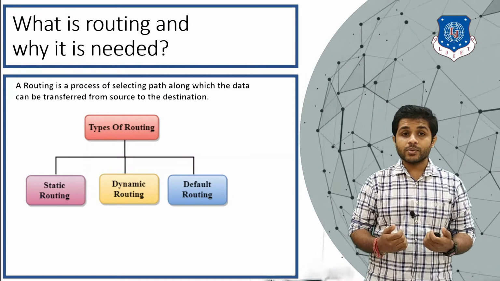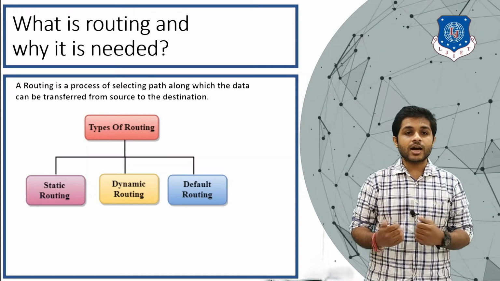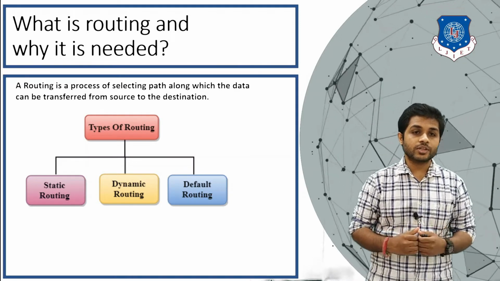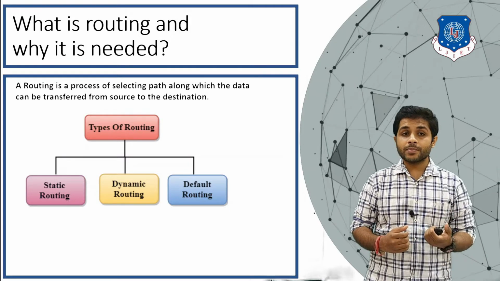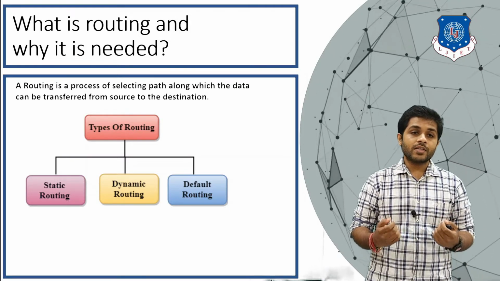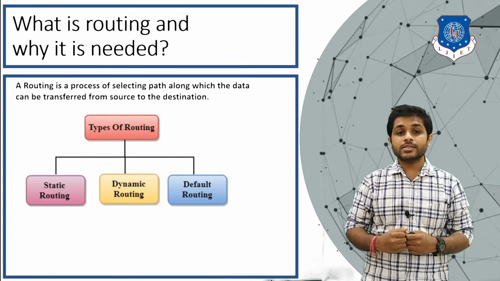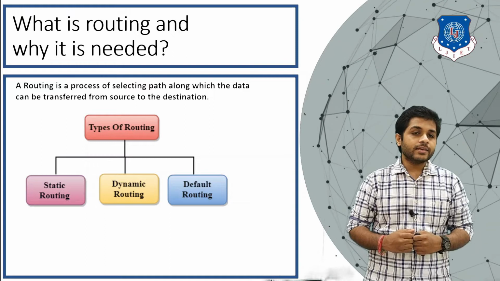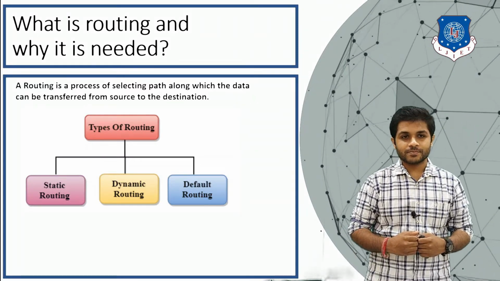In dynamic routing, all the routers are smart and share information with each other, so the entries in the routing table are changed by the routers themselves. The last one is default routing, and in default routing the entries in the table cannot be changed.